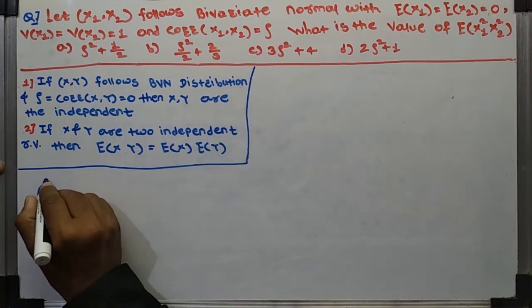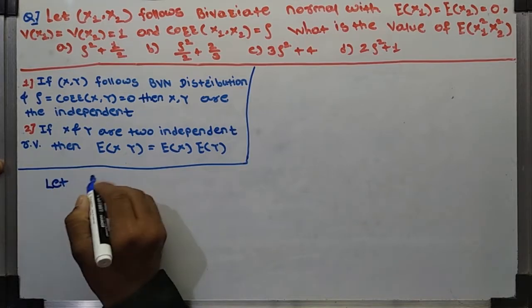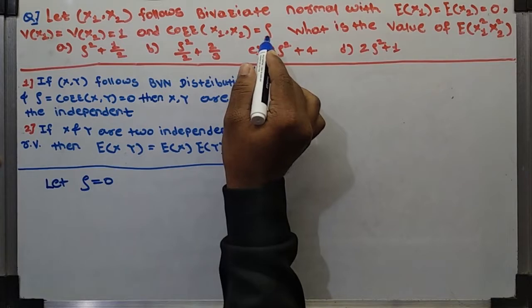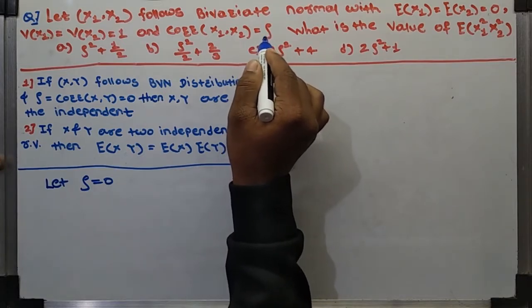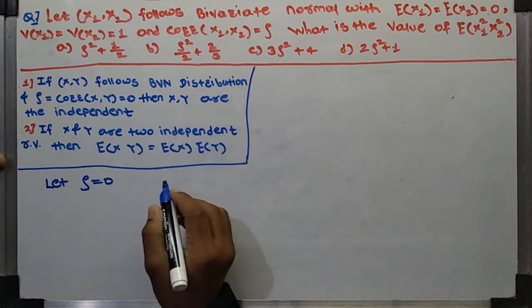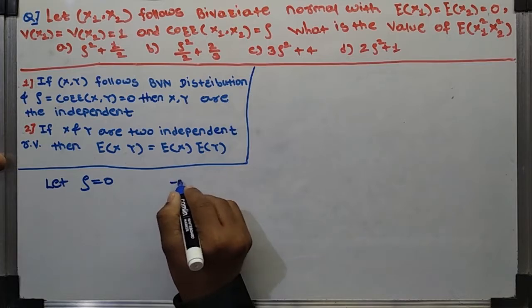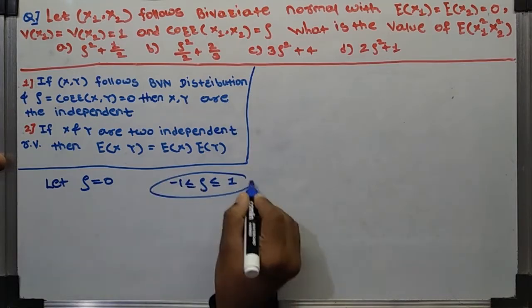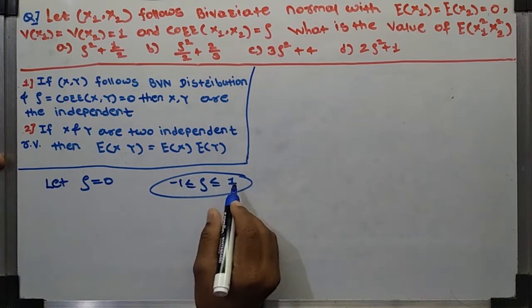So suppose rho is equal to 0, because here the correlation between X1, X2 is rho. We know that minus 1 is less than or equal to rho, which is less than or equal to 1. So rho can take any value between minus 1 and plus 1.